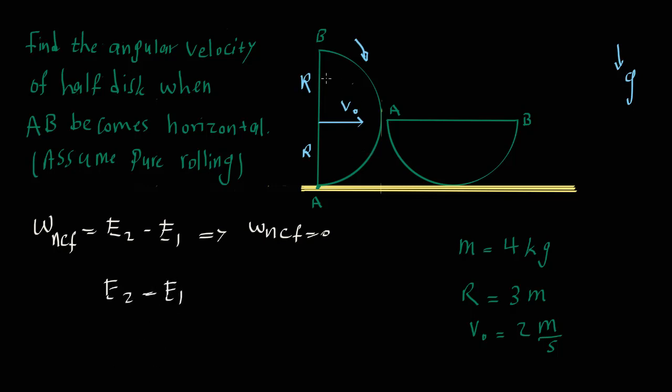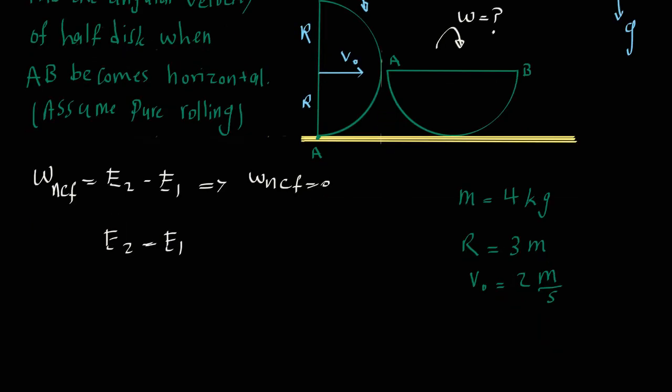So now I can say that this is the initial state, state 1, and this is the final state, state 2, and calculate these energies to see if we can find an equation for the angular velocity at the moment that AB is horizontal. Let's say this is the angular velocity, which is unknown.